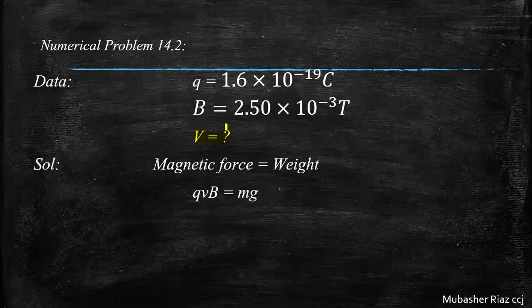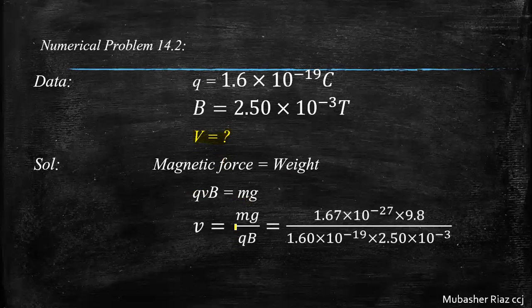So magnetic force is equal to weight, and we know that magnetic force is equal to qvB and weight is mg, and from this equation v becomes equal to mg over qB, where m is the mass of proton, और ये ज़बानी याद रखना पड़ेगा, 1.67 into 10 to the power minus 27 kg. g is 9.8 meters per second square.